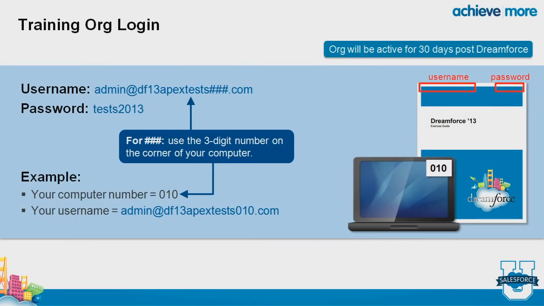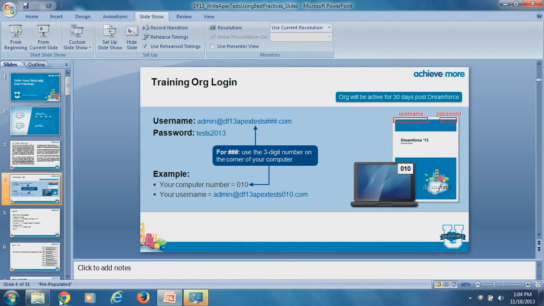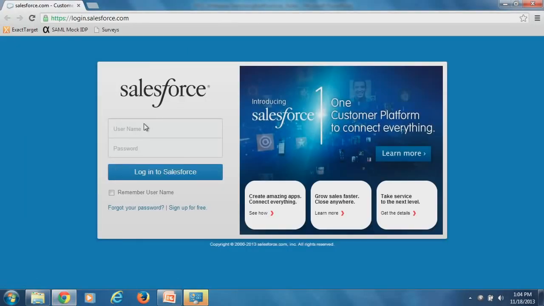We're going to use an org. That's the first thing we have to do before we actually get started. So I need everybody to open up a browser. The username, which is printed at the top of the exercise guide you got when you came in, is admin at df13 Apex tests.